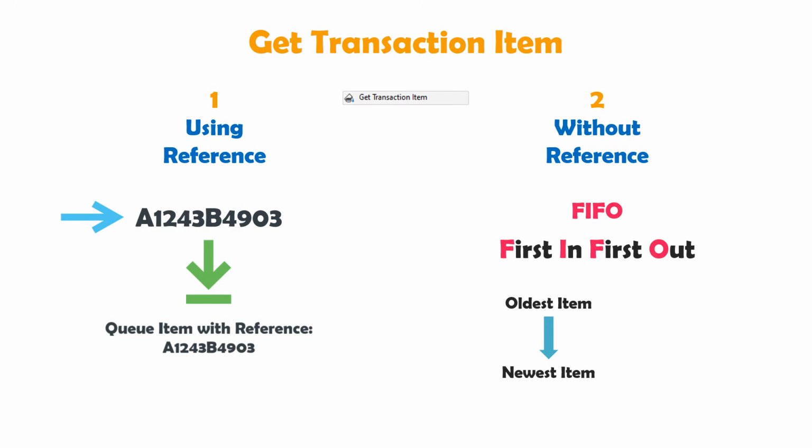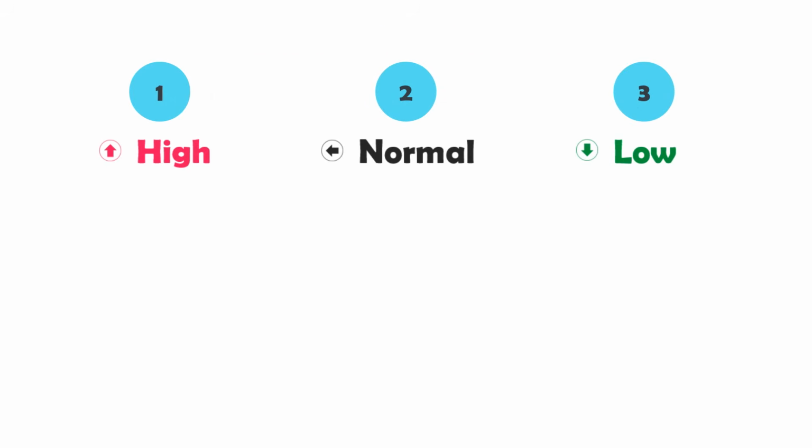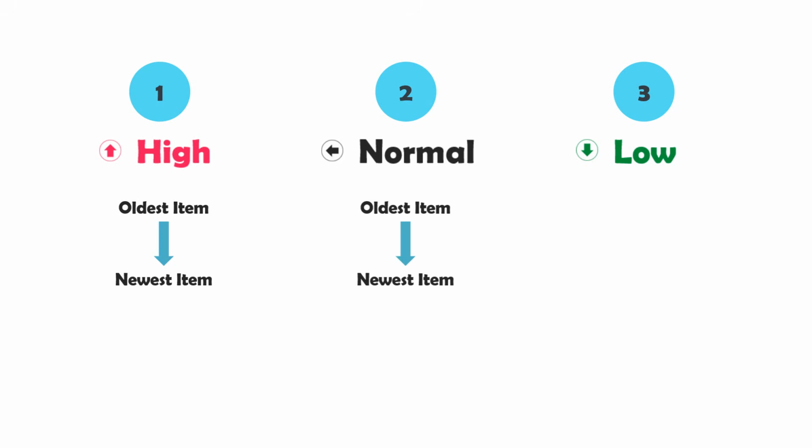However, if the items have different priorities, then the high priority items are fetched first, then the normal priority, and finally the low priority. Of course, the FIFO principle also applies here. This means that from all high priority items, the item that was first loaded into the queue is always fetched first. And then from all normal priority items, we will get first the oldest item, and so on. That's all about the queues.